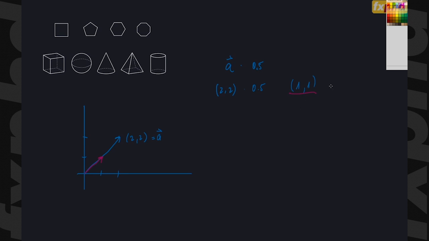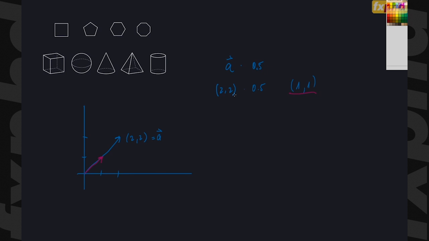That means I can now not only chain translations together, find the vector between two other vectors or move around in space, but I can also scale vectors. I can make them longer or shorter, or even make them point in a different direction.